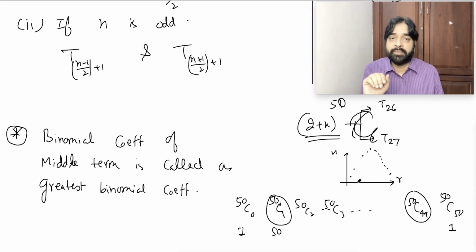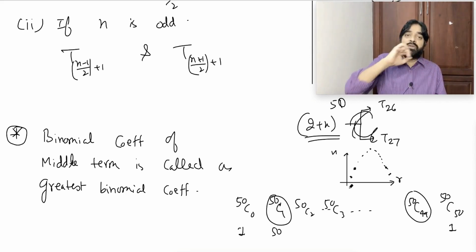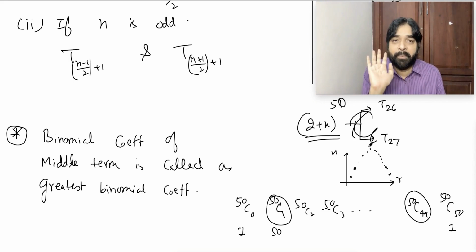Not able to understand? First value and last value are the same, second value and second last value are the same. It means it's increasing and then coming back, so 100% sure somewhere it will become maximum, or not?